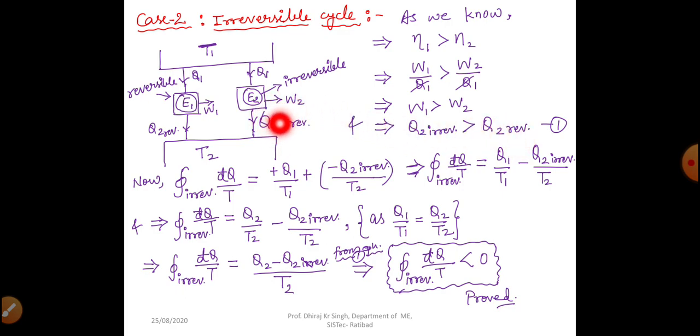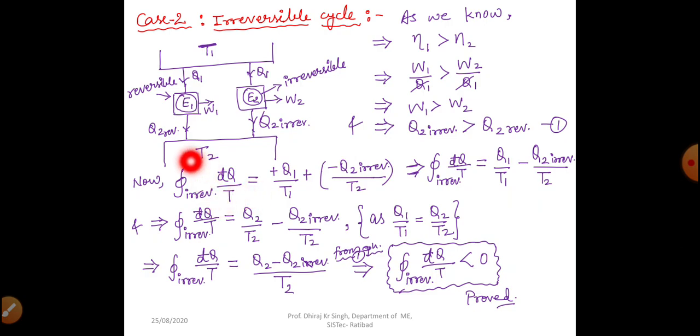Once again, I am trying to make you understand why Q2 irreversible is greater than Q2 reversible, because W1 is greater than W2. If W1 is greater, that means this Q2 is less, and if W2 is less, then this Q2 will be more. Why? Because the heat supplied is the same. So where will the change be? The change will be in the Q2 reversible and Q2 irreversible. So Q2 irreversible is greater than Q2 reversible.